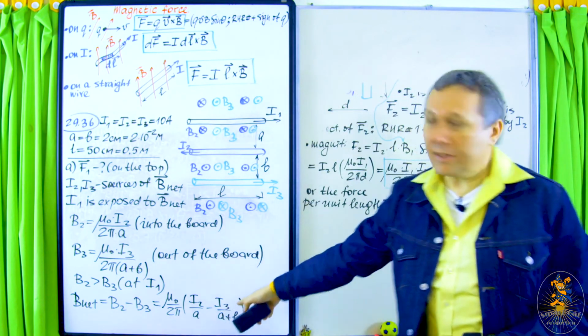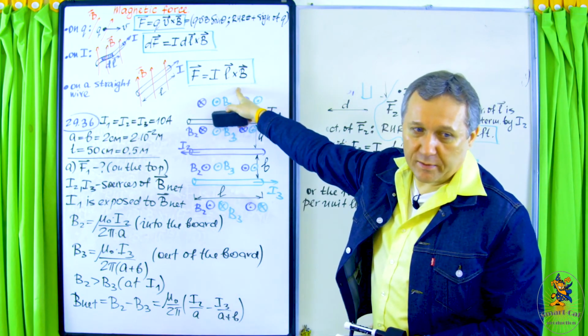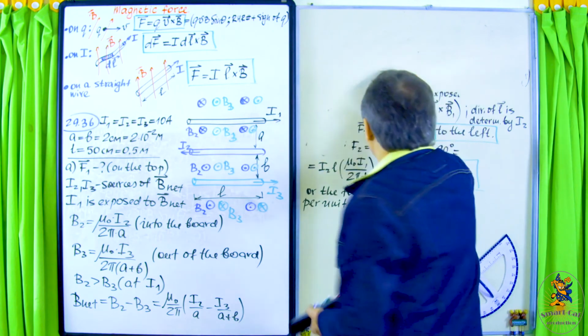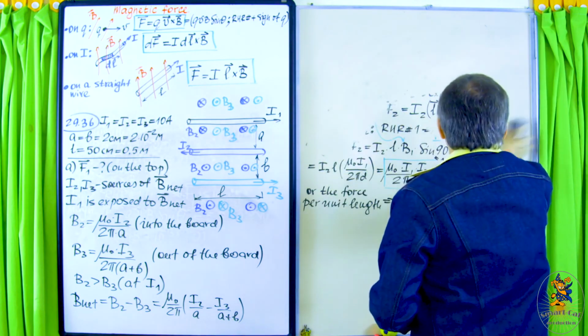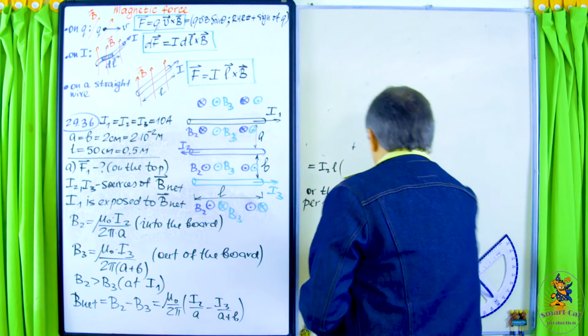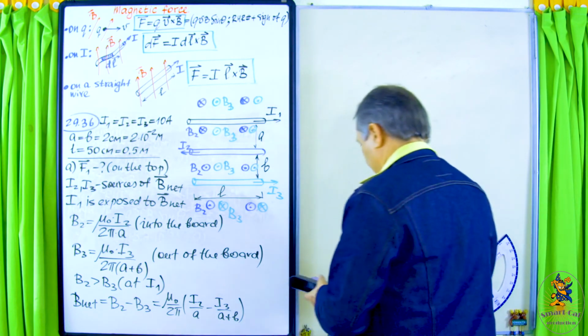We know the B net. Now we just need to plug into this formula, and that's it. So we write down the formula, magnitude and direction.